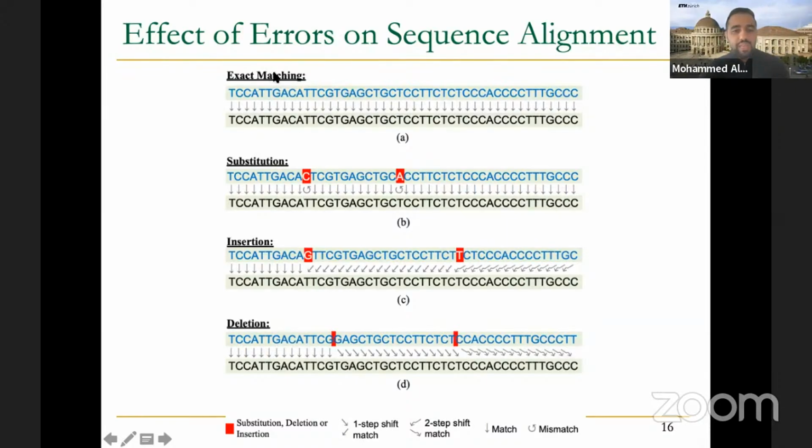So if it is an exact match, we have no problem. That's why we apply Hamming distance over here, because Hamming distance is the fastest to tell us if these are an exact match or not. And you can count how many differences. Imagine if there is an inserted character here in the last three characters, for example.